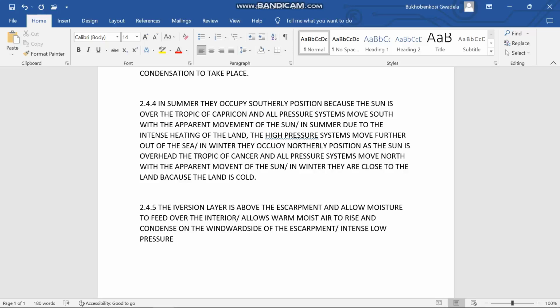You know that in summer we experience low pressure over the land, which leads to the convergence of air. Or we can also say moist air from the South Indian High feeds into this low pressure over the land. That's the same thing, by the way.